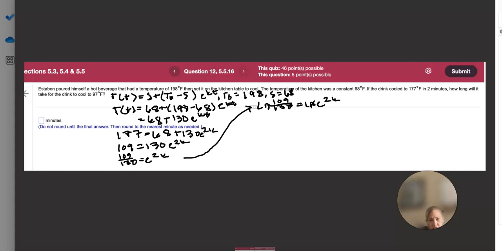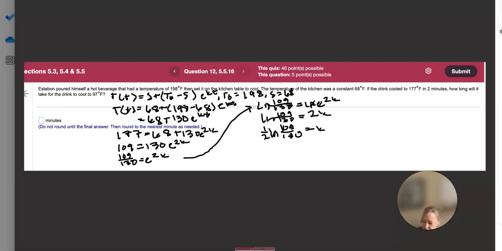The natural log just cancels itself out, and we're left with the natural log of 109 over 130 equals 2k. Now we're going to divide everything by 2 to isolate k. So we're left with 1 half natural log of 109 over 130 equals k. So now we know k.